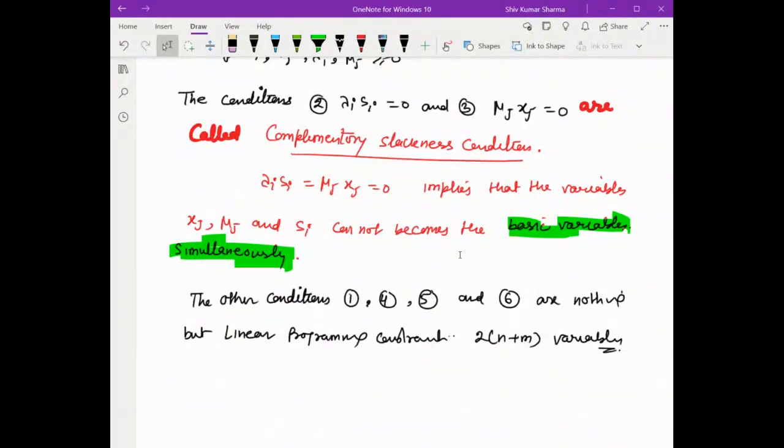You remember all things, that means incoming vector, outgoing vector. When xj is the outgoing vector, then you can make si incoming. So all three cannot be taken in the same table.